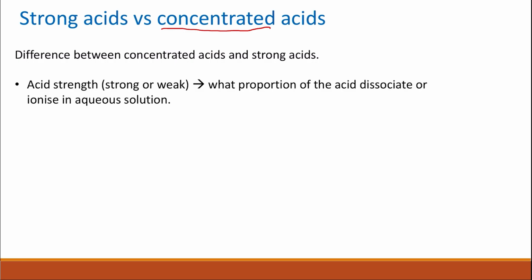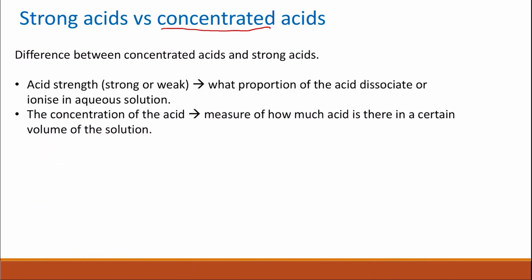That will give us either a strong acid or a weak acid, while we also have what is called the concentration of the acid. That will give us either concentrated acid or diluted acid. The concentration of an acid is a measure of how much of the acid is there in a certain volume of solution. So acids can be strong and dilute, or strong and concentrated.